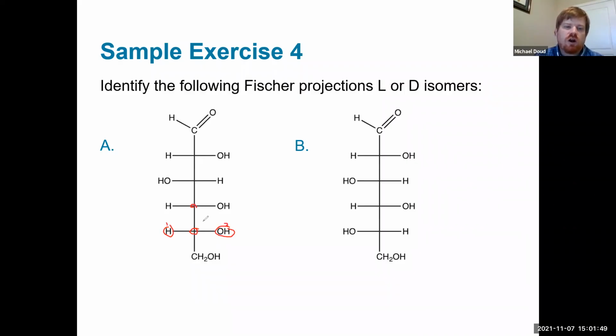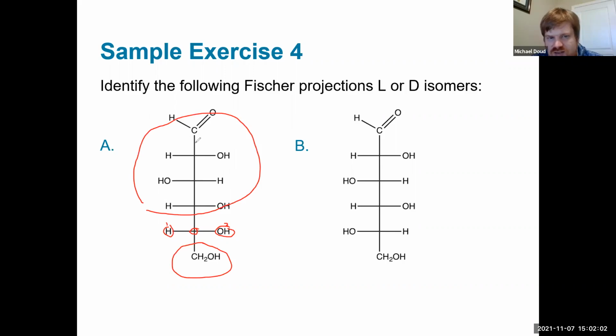You might say, oh, this is a carbon and this is a carbon, so those are the same. That's not the way it works. Here it's bonded to this CH2OH down here, and here it's bonded to a larger compound up here. So this is different from this, right? Would you agree with me on that? So that's why we would call this the third different group, and this is the fourth different group. So this is a chiral carbon in that way.